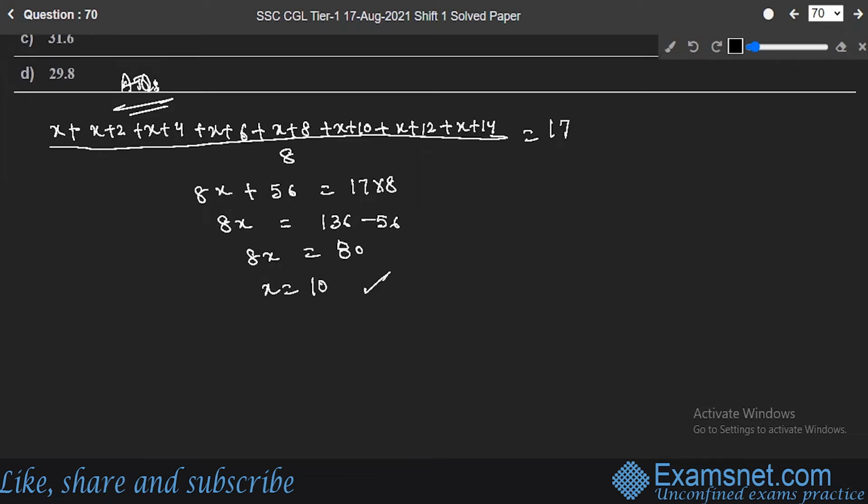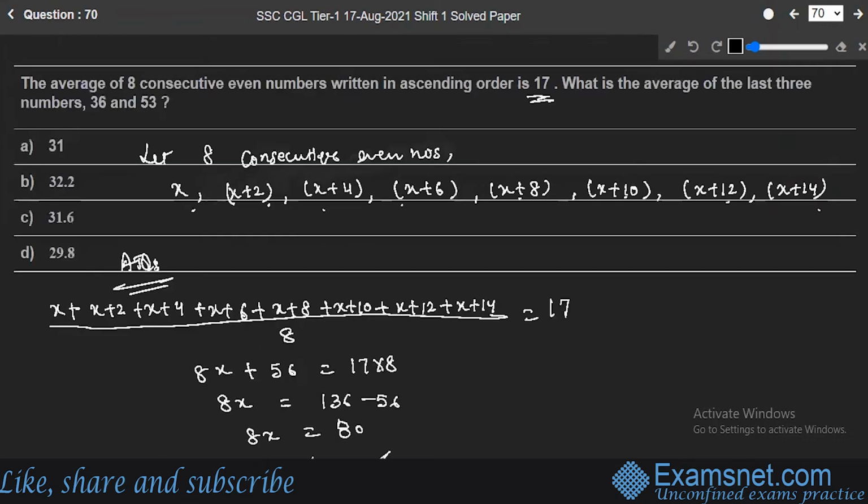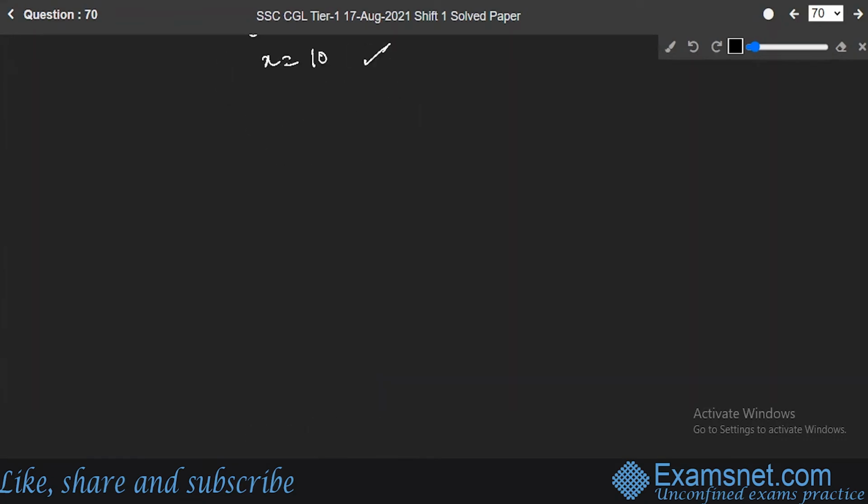That means you got the numbers. What is asked in the question is the average of the last 3 numbers, 36 and 53. So what are the last 3 numbers? They are x plus 10, which gives you 20, x plus 12, x plus 14.